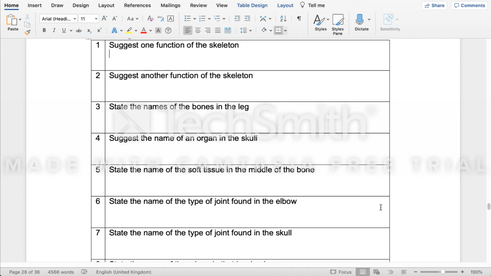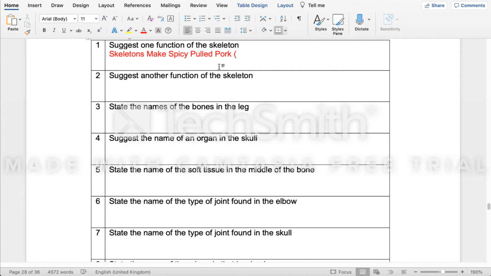Okay. So number 1, suggest one function of the skeleton. If you saw my last video, you'll remember that I made up this silly little sentence. That sentence was "Skeletons make spicy pulled pork." The reason we made up this sentence is because each one of those letters represents a different function of the skeleton.